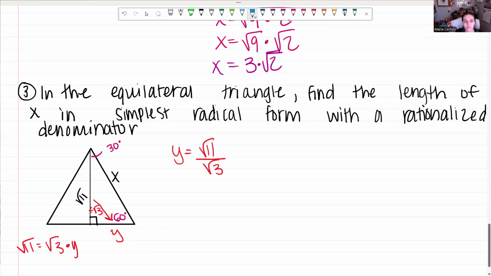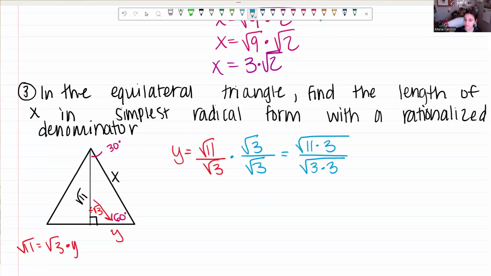And now this is where that rationalization needs to come in, because I don't want that radical in the denominator. So to get rid of the radical in the denominator, I'm going to multiply by 1, which is really going to be the square root of 3 over the square root of 3, because the square root of 3 is what's in the denominator that we do not want. If I multiply across, the numerator is the square root of 11 times the square root of 3, which is the square root of 11 times 3, all over the square root of 3 times 3, or 3 squared, which is then just 3, right?